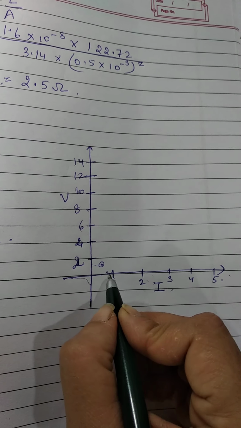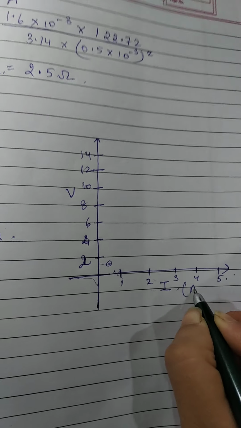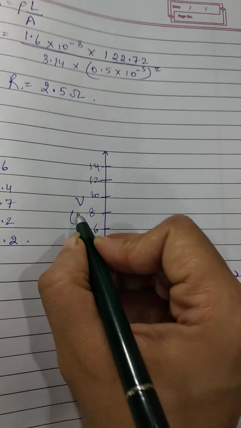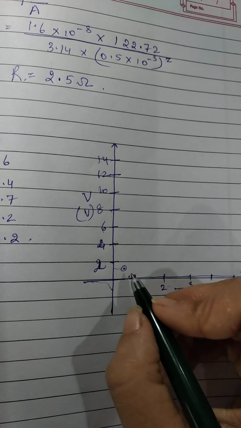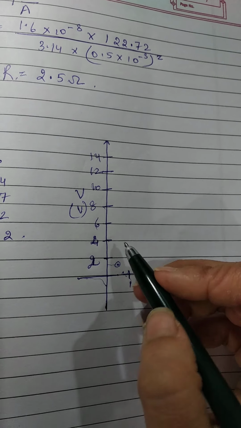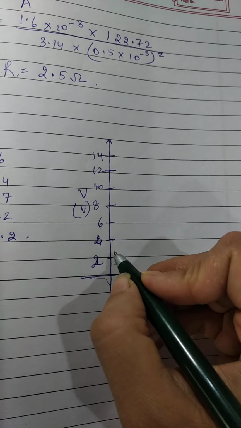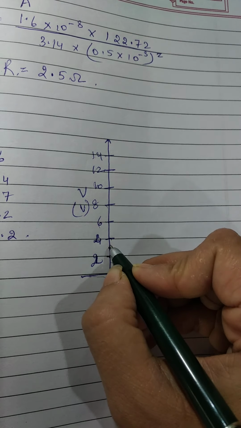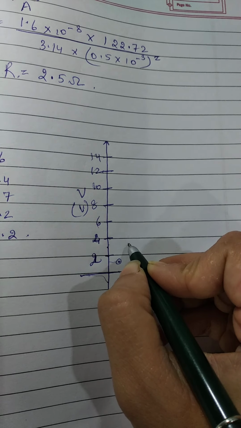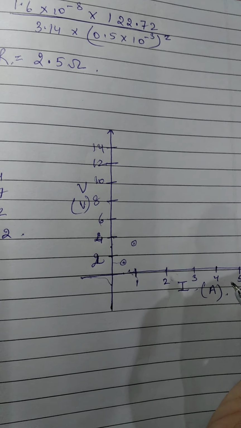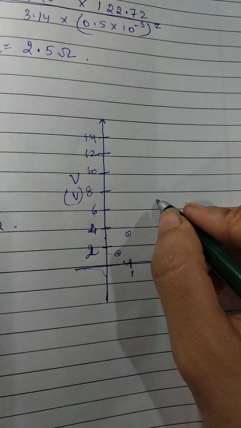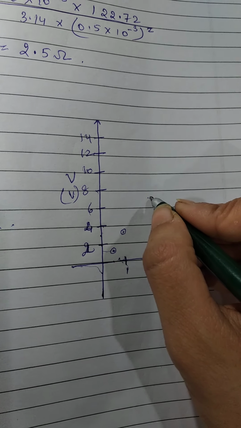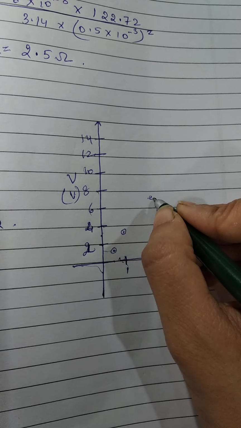Likewise at 1 ampere, this is in ampere and this is in volts, the potential difference. When current is 1 ampere, the value of V is 3.4. So 3 will be somewhere here at the center and we can plot this as 3.4. Likewise at 2, it is 6.7.